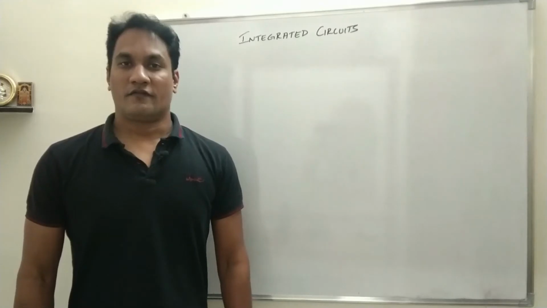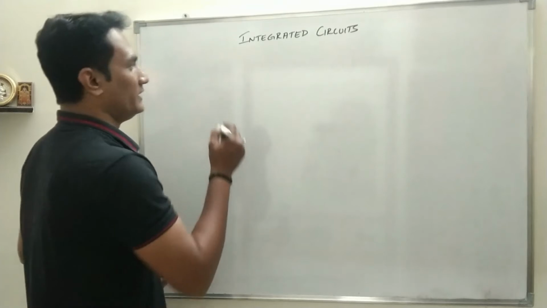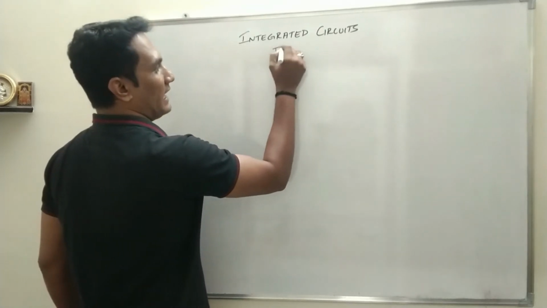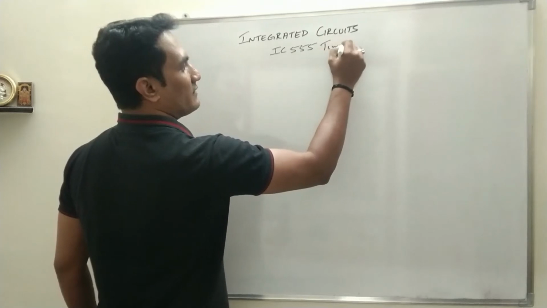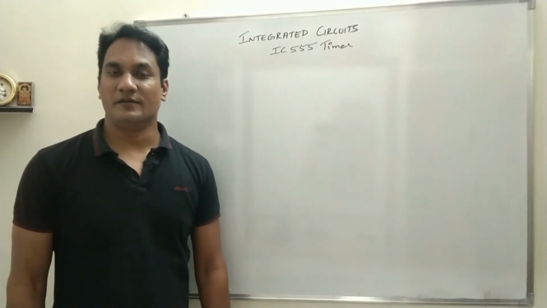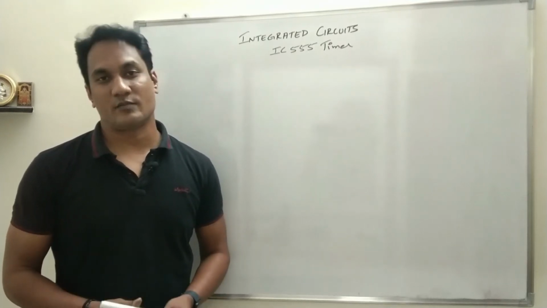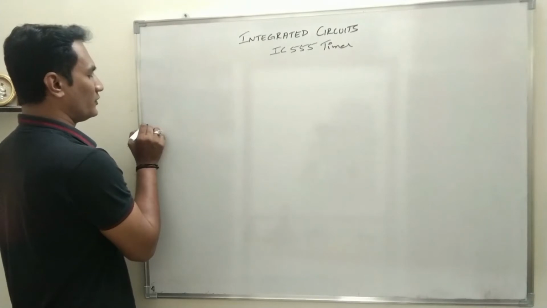Okay, the first IC under the heading of integrated circuits that we will try to understand is the IC 555 timer. The basic applications are the monostable multivibrator and the astable multivibrator. You already know monostable means only one stable state, where the output will be 0.